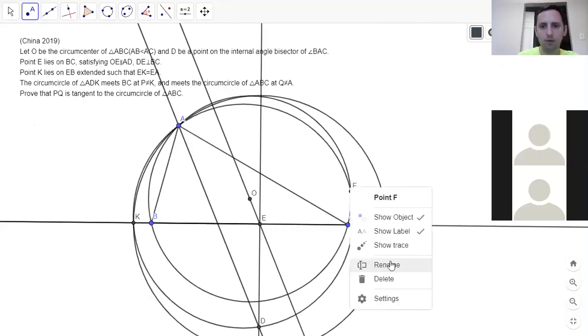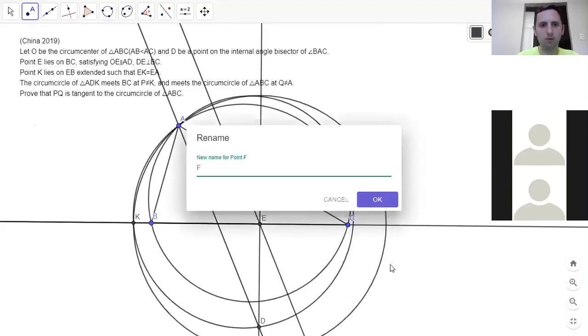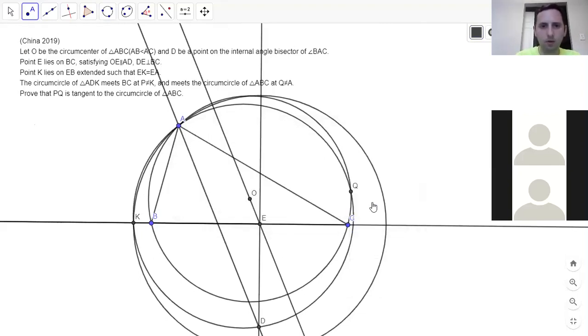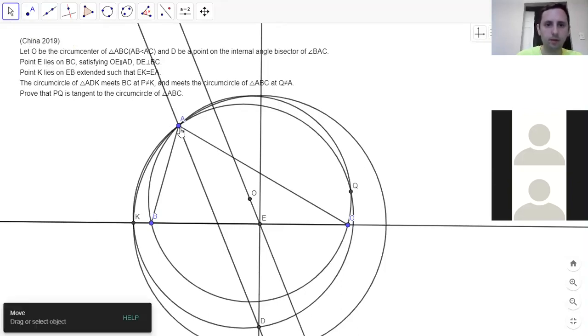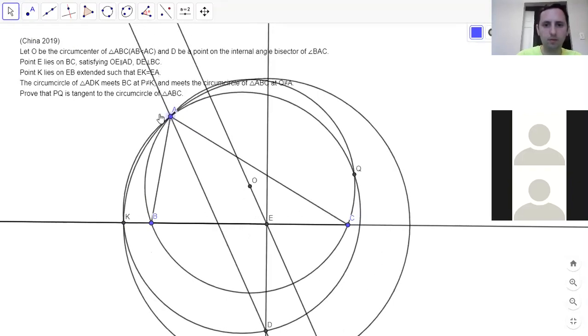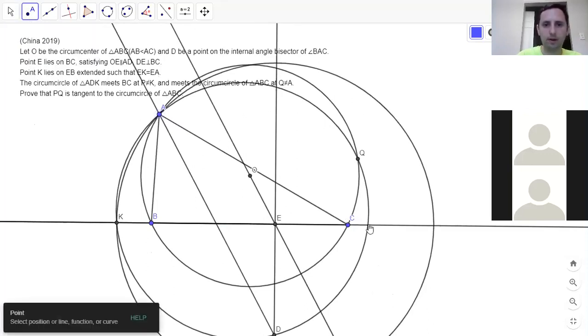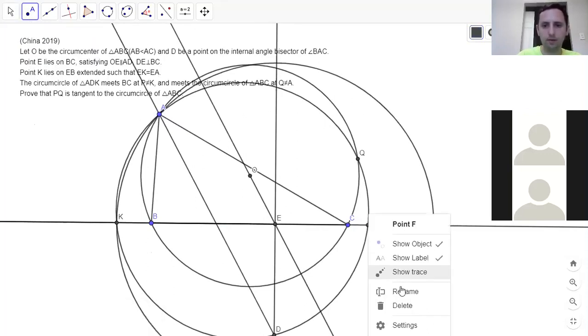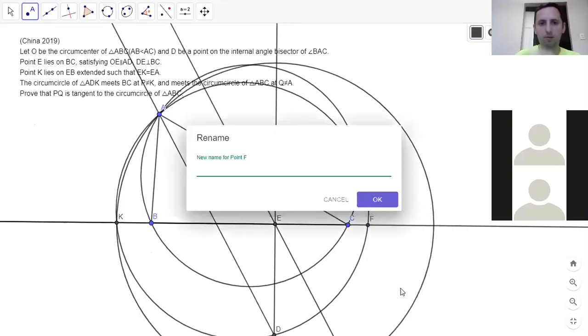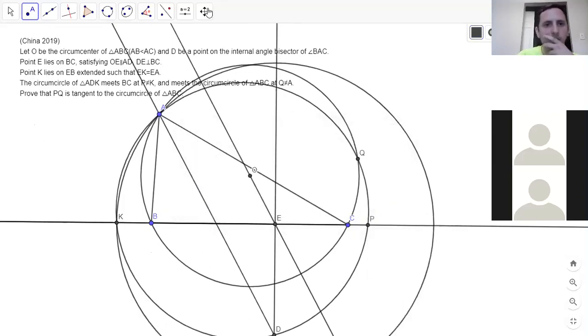So this is Q. Let me make P look nicer. So yeah, I'm going to want to hide a couple things here.